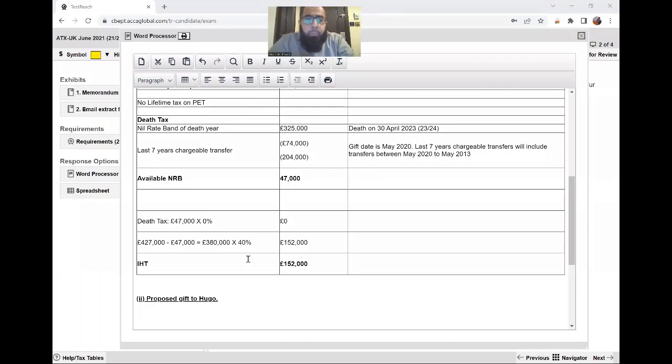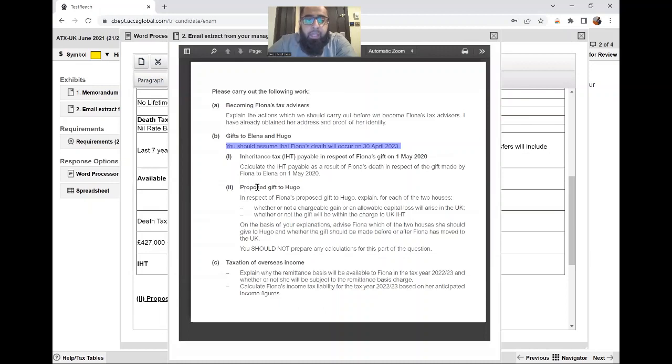In relation to the proposed gift to Hugo, let's read the memorandum and the email so that we can find more detail and then start solving it. The email extract from the manager, proposed gift to Hugo, part 2: in respect of Fiona's proposed gift to Hugo, explain for each of the two houses whether or not a chargeable gain or an allowable capital loss will arise in the UK, and whether or not the gift will be within the charge to UK IHT.